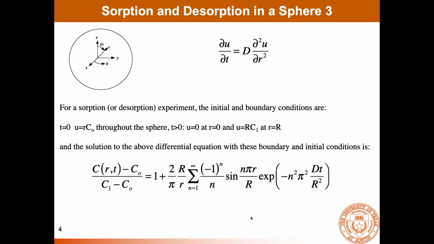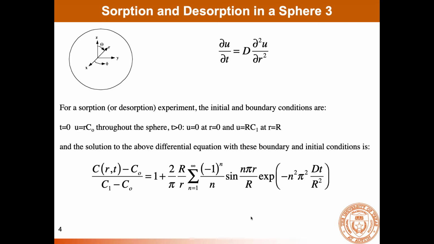And so if c0 is constant, u will just be equal to r. If c0 is 0, then u will just be equal to 0. And at t greater than 0, u is equal to 0 at r equals 0, and it's equal to r times whatever the concentration is at the exterior of the sphere, r times c1.